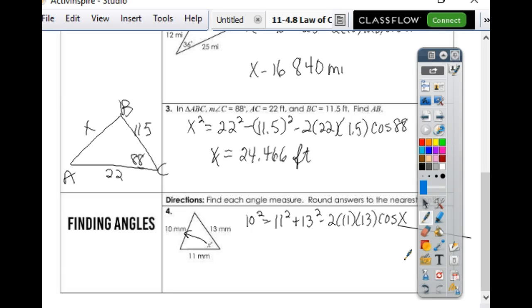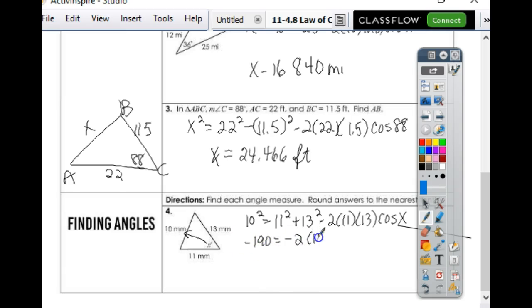Okay, everybody's typing together. I'm going to take 10 squared. That's 100, right? So I'm taking 100, and I'm going to subtract 11 squared. Then I'm going to subtract 13 squared. When you do that, everybody should have negative 190.